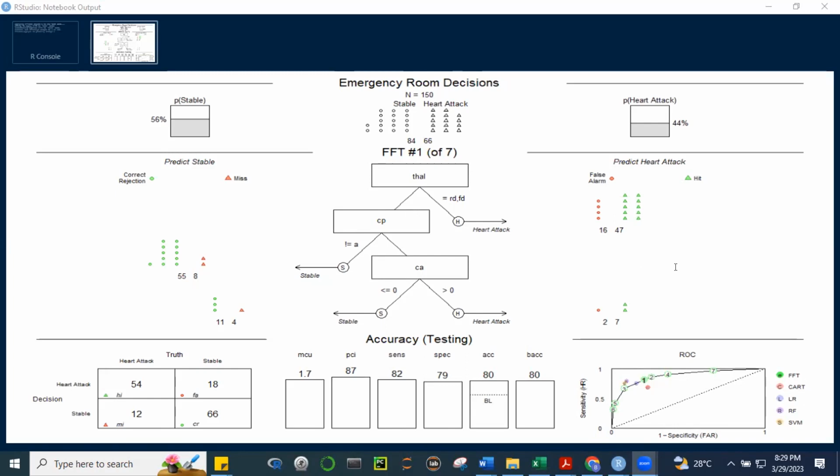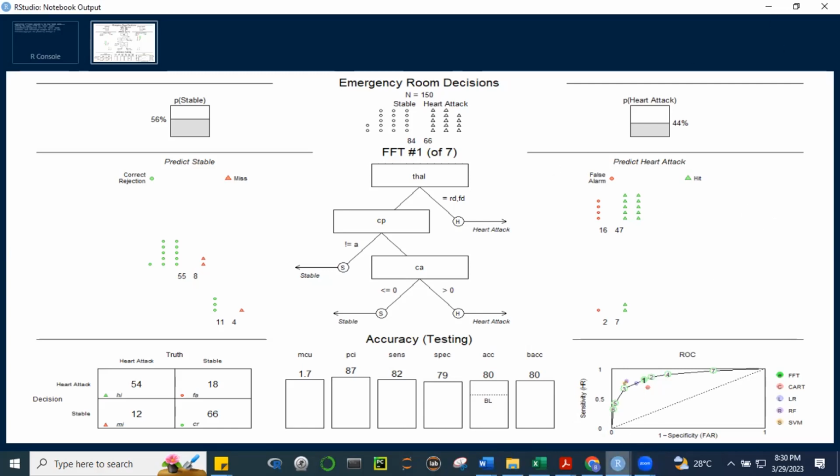Of the 13 variables na given dun sa data, si fast and frugal tree, pinili lang niya yung 3. Okay, in fact, it can outperform logistic regression, random forest, SVM based on this ROC.